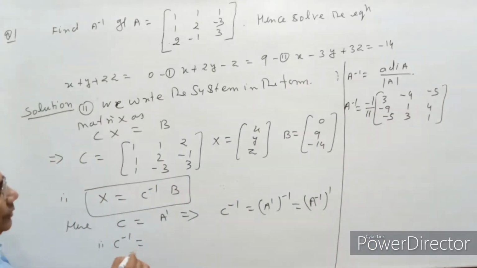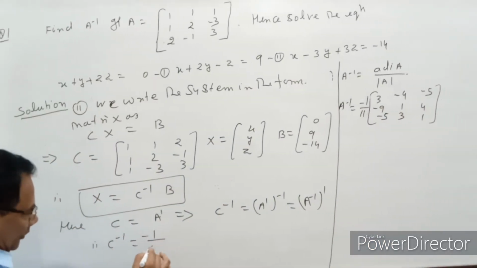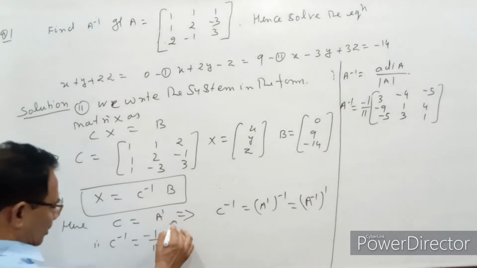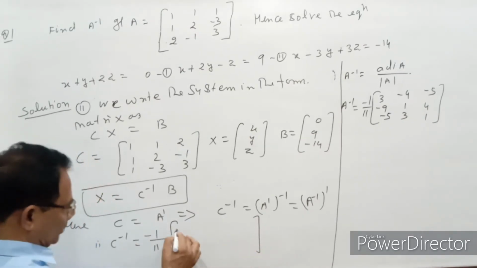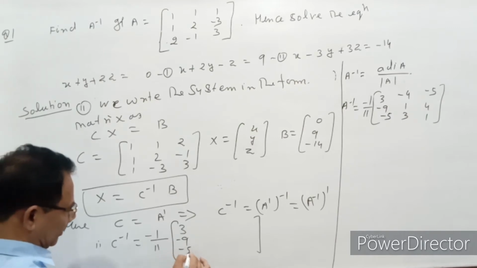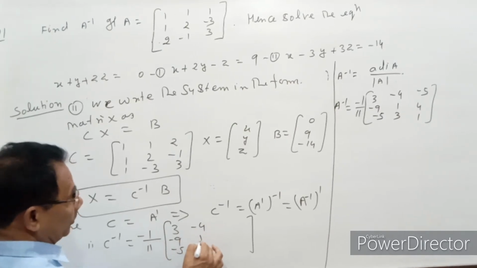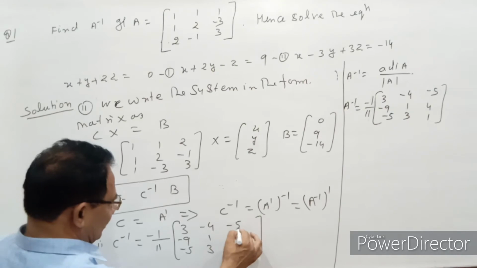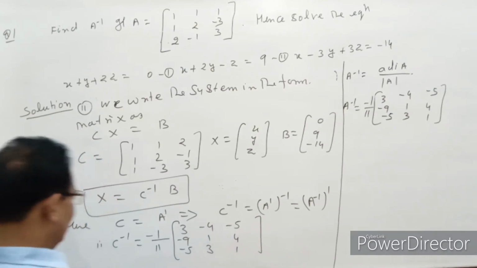So C inverse is equal to minus 1 upon 11 into the matrix 3 minus 9 minus 5, minus 4 1 3, minus 5 4 and 1.